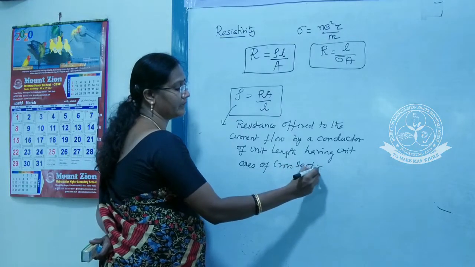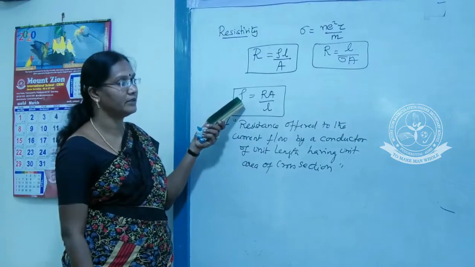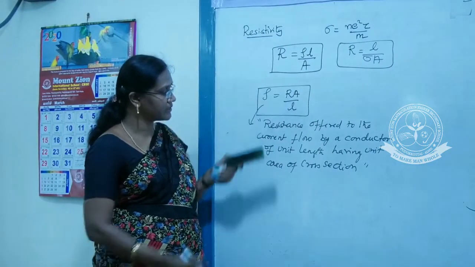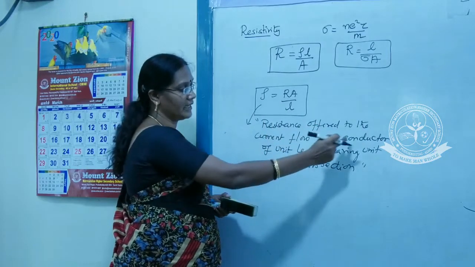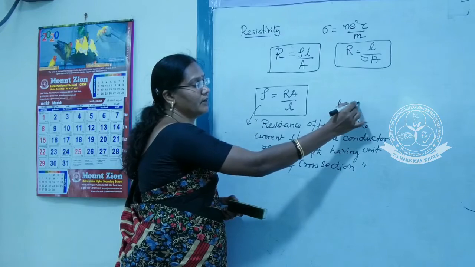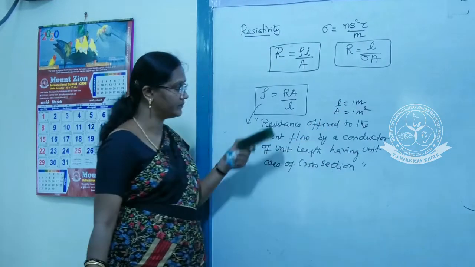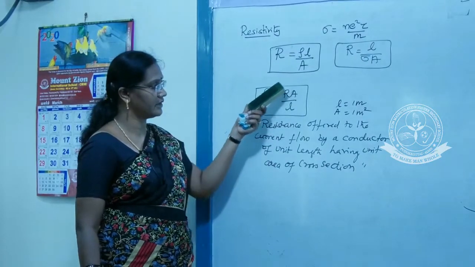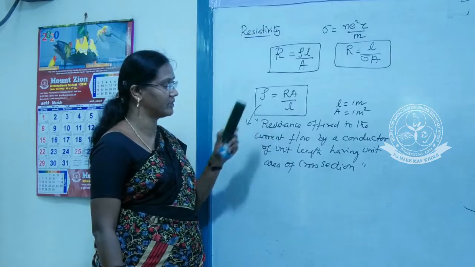This is an important definition. That is, L is equal to 1 meter, area is equal to 1 meter square, imagine. Then resistivity is equal to the resistance offered by the conductor. This is the definition.